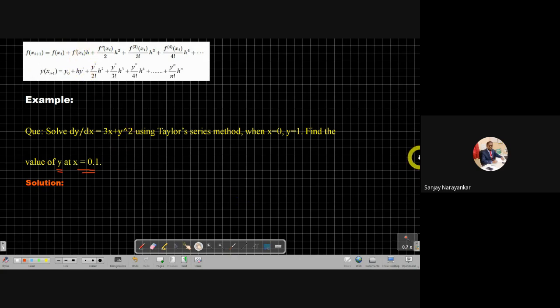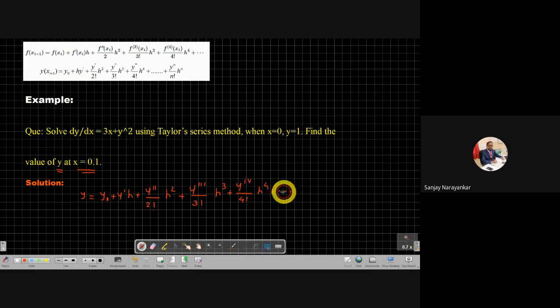So if I write the formula here, I would like to write it in unknown terms: y, which we have to find out, is equal to y0 plus y dash h plus y double dash upon 2 factorial h square plus y triple dash upon 3 factorial h cube plus y raised to 4, means the fourth derivative, upon 4 factorial h raised to 4.